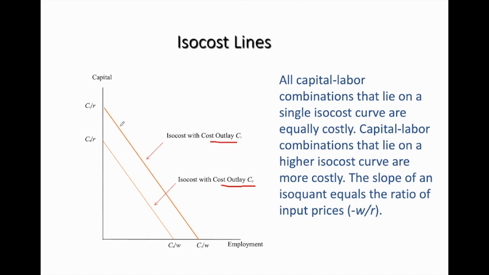Because isocost C1 is much higher than C0, all points along C1 are more costly than C0. The slope of isocost is equal to the ratio of the input prices, W over R, and the negative sign is because isocost is a downward sloping curve. We will later establish how we get this slope.